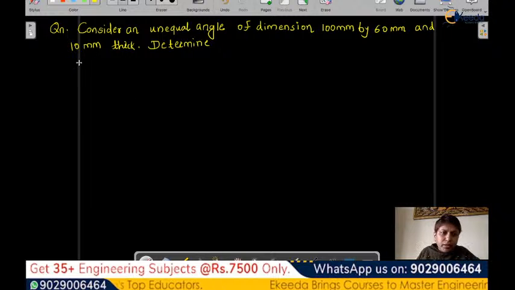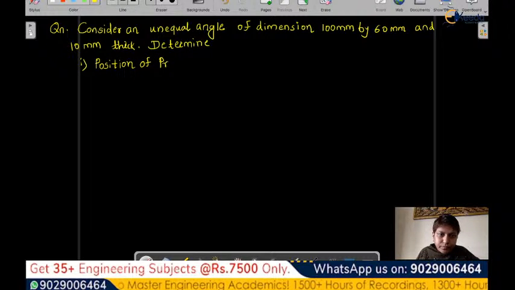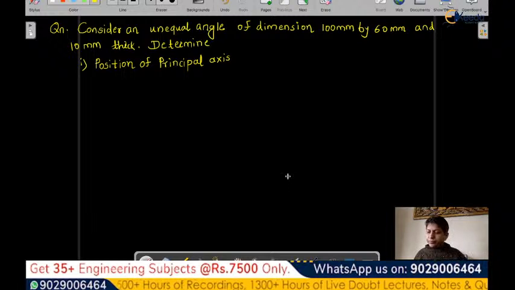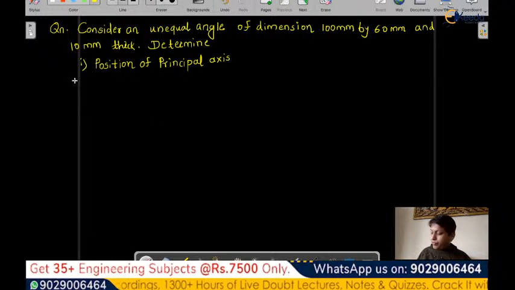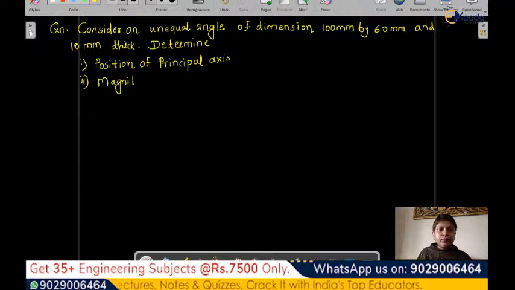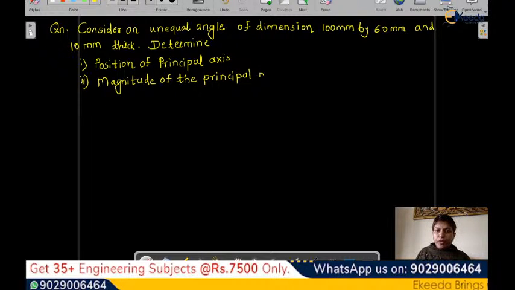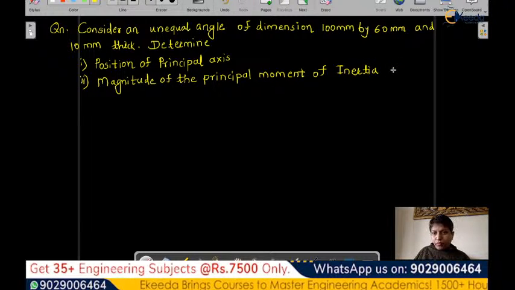We have to determine the position of the principal axis and the magnitude of the principal moments of inertia for the given angle.